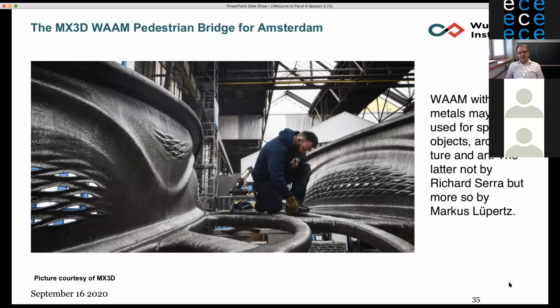So yeah, this is very unique. And the look is also unique, but it might also, for certain applications, in particular for wire arc additive manufacturing, need some post-processing to achieve a certain level of surface quality that may differ from what you can see here. Next slide, please.